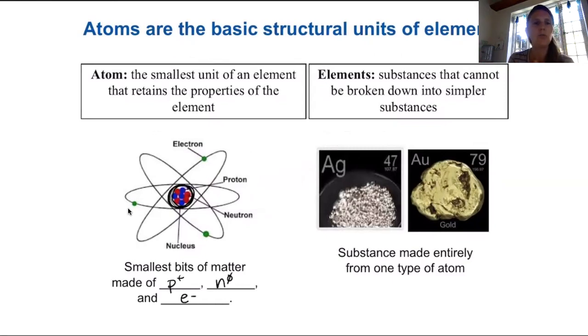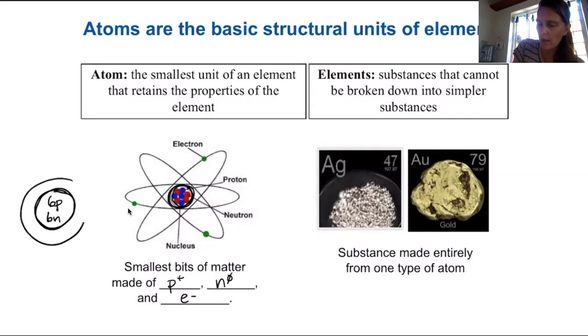When I ask you to draw an atom, which I will ask you to do, the way I expect you to draw it is the following. If we had 6 protons, 6 neutrons, I want you to specify how many of each in a nucleus. Then I want you to draw the outer shells.